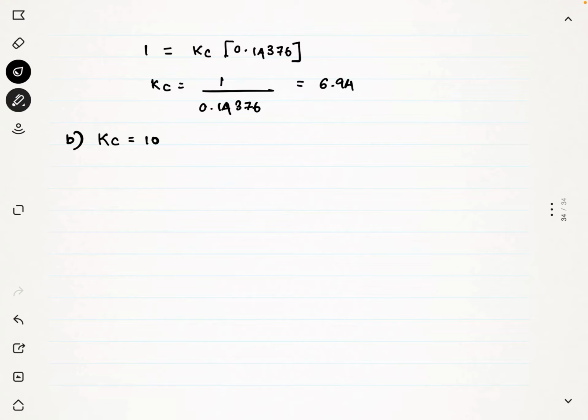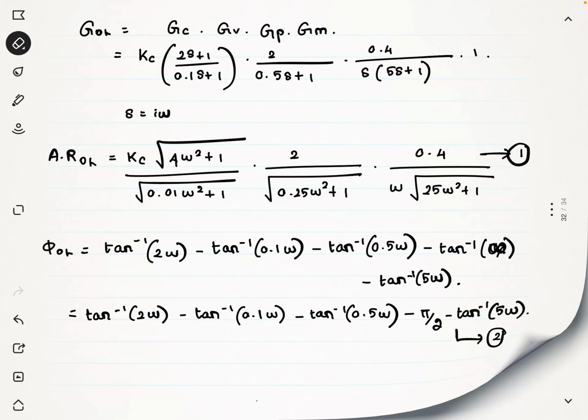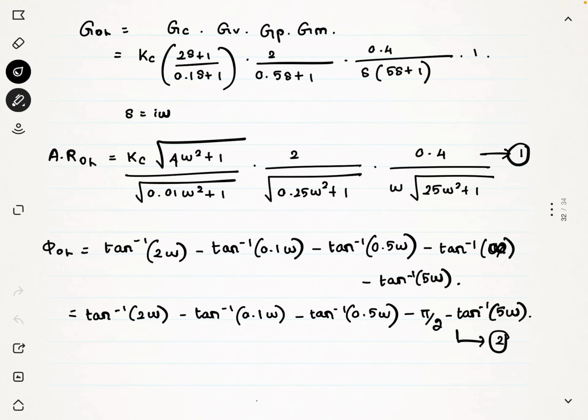So all the questions are interconnected. With Kc equal to 10, we'll know all the values in equation 1 except for omega.